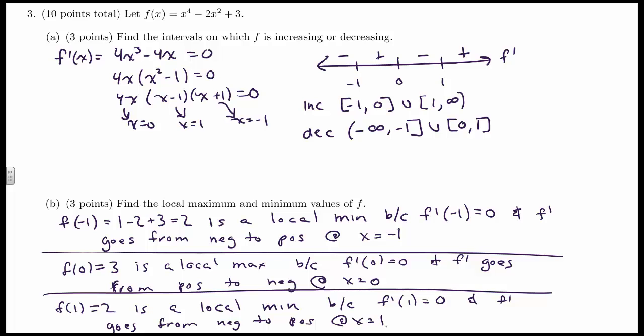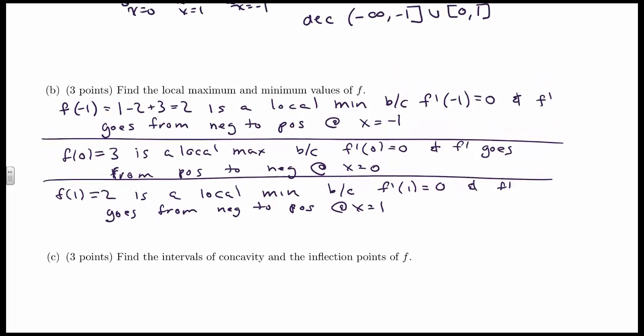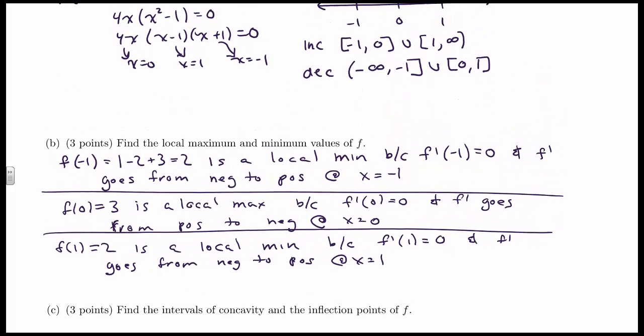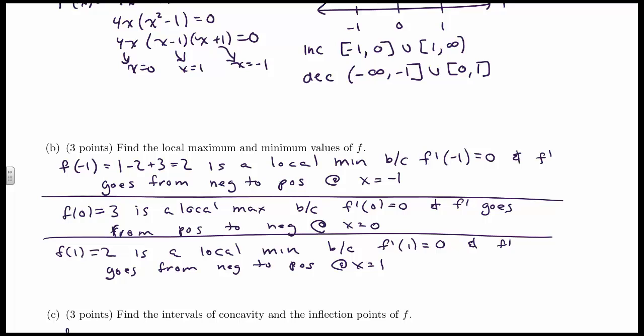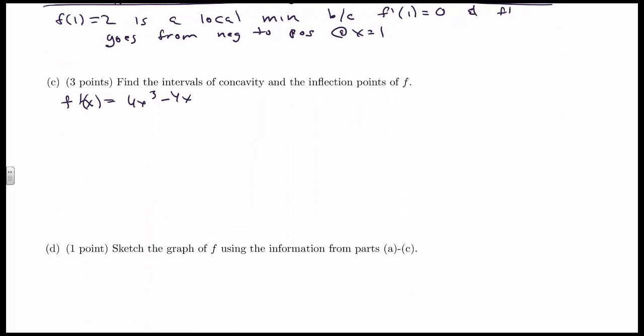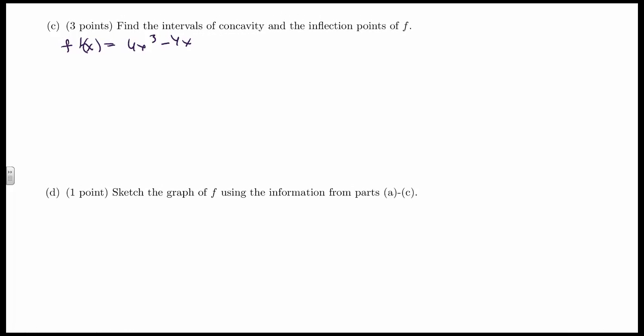On to part C. Find the intervals of concavity. Well, we've already found that f prime of x is equal to 4x cubed minus 4x. So f double prime of x is equal to 12x squared minus 4, and we'll want to find out where that's equal to 0.